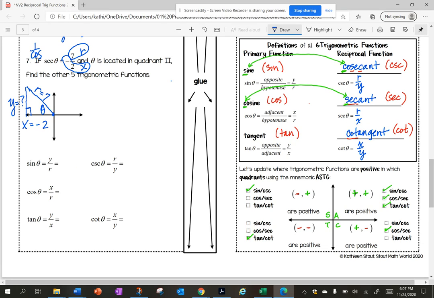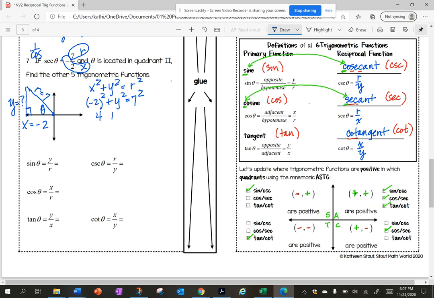So I'm just applying the equation for a circle, which is x squared plus y squared equals my radius squared. X squared is -2 quantity squared plus y squared equals my radius squared, and the radius is 7. So 7 squared.